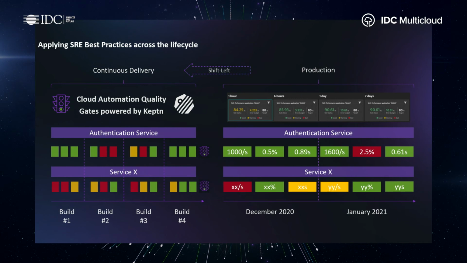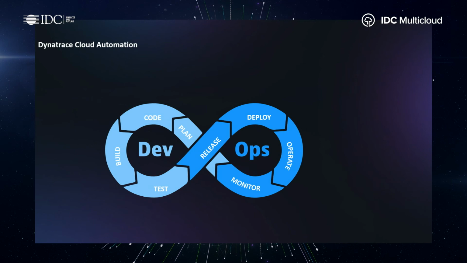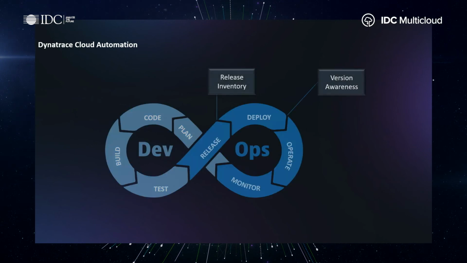And so Dynatrace Cloud Automation is something brand new that we are actually releasing, right? It allows us to do exactly that. We will have a release inventory screen. We will become version aware. So if you have 5 or 10 versions of the same product running at the same time, we will be able to tell you which version is performing how. We will allow you to verify your service level objectives, which you can already do in our product today.